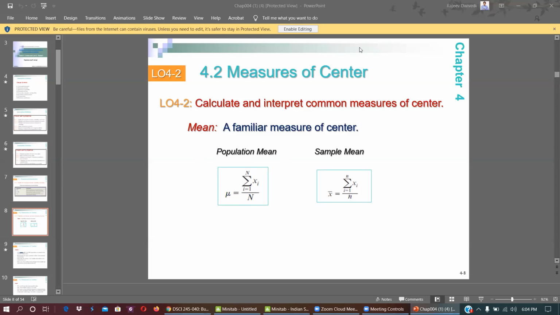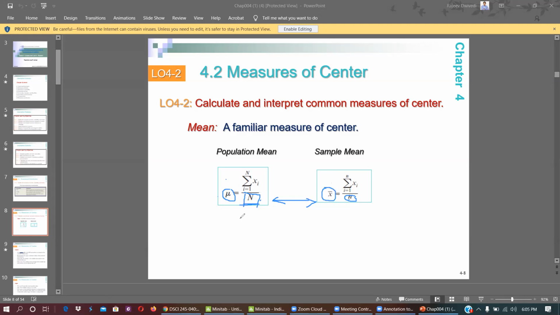Always, throughout here, capital N is the symbol of population size, and the small n is the sample. So look into the difference. The population mean is represented by mu. Here the sample mean is represented by x bar.